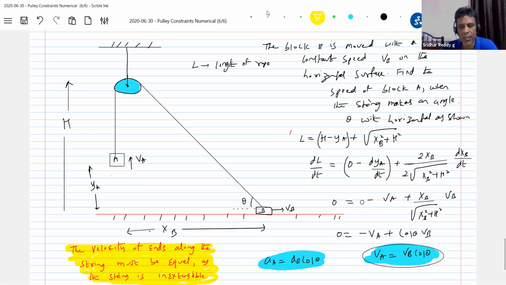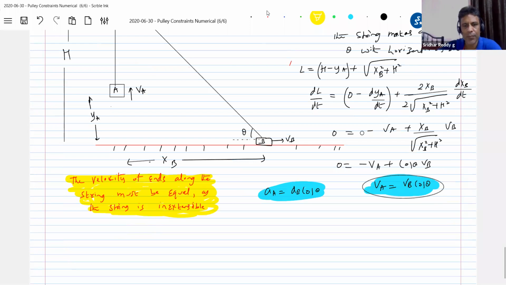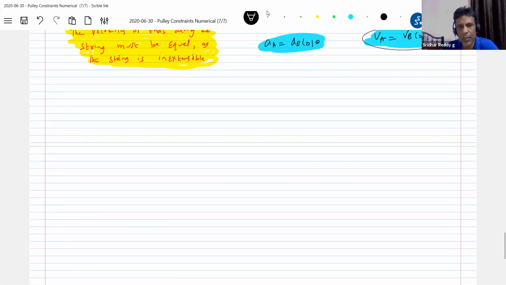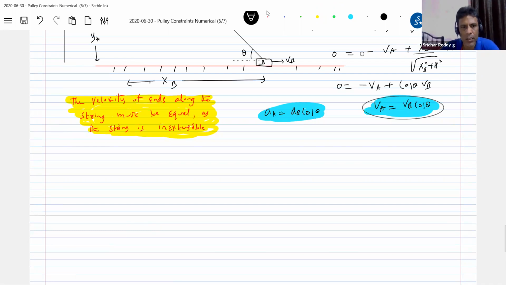So what this statement will tell us, what is the velocity of end B? So I'll give a rough diagram. I'll give small diagram here.